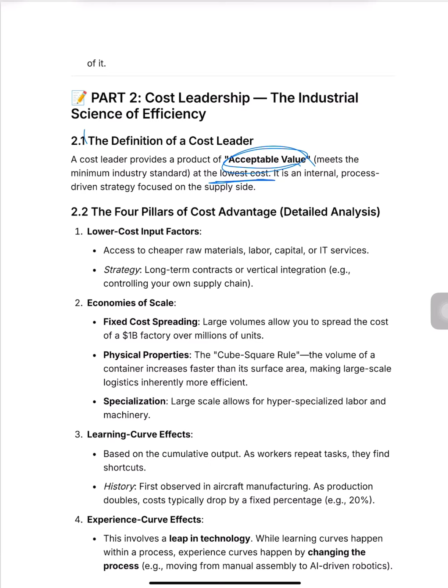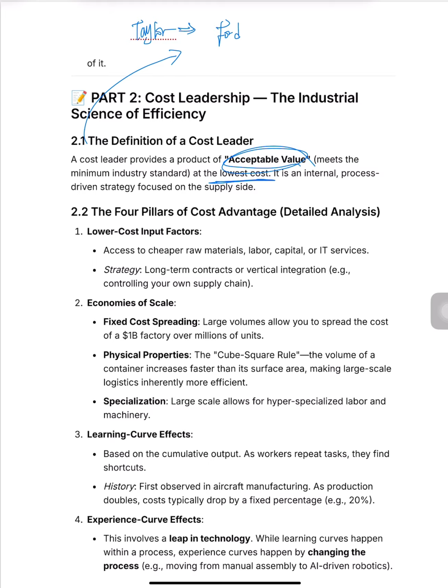And one more thing to mention. The historical, intellectual origin of the cost leader strategy can be traced to Frederick Winslow Taylor's Scientific Management in 1911 and Henry Ford's mass production system at the Highland Park plant.